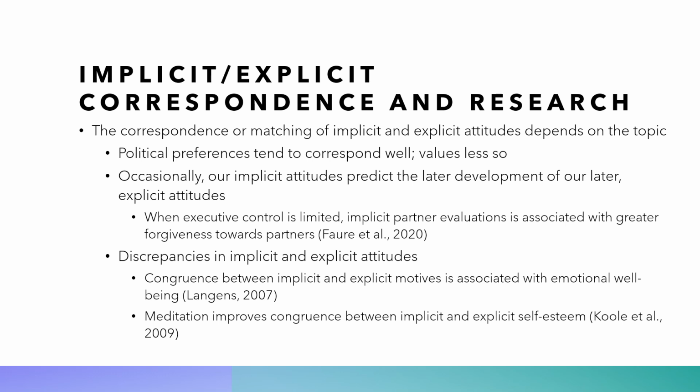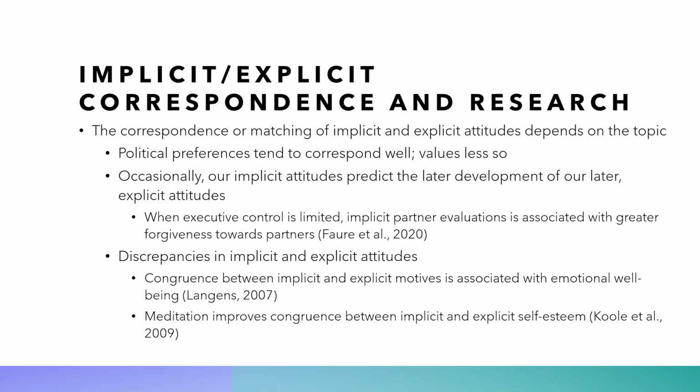Like I said, sometimes there are discrepancies in implicit and explicit attitudes, and these things often lead to poor mental health. So, for example, congruence between implicit and explicit motives is associated with emotional well-being. So this is sort of related to the values I was talking about earlier.